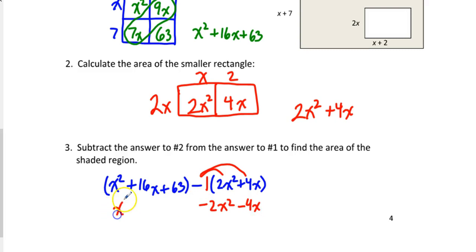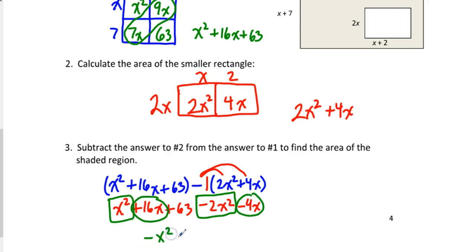We make far fewer mistakes when we do addition than when we try to keep track of our subtraction. Now it's just a matter of combining like terms. Well, that's kind of a funny looking area, right? Because it has a negative sign in it.